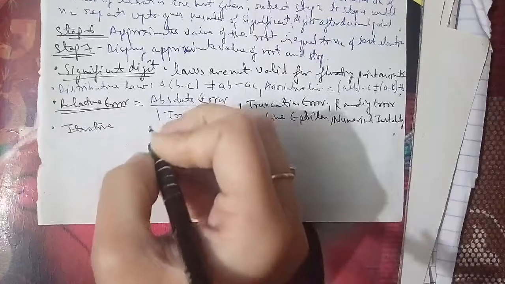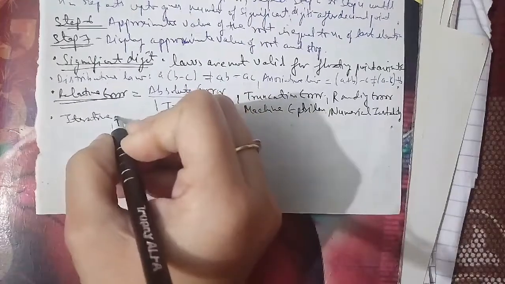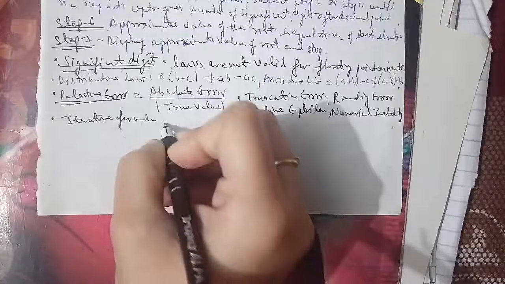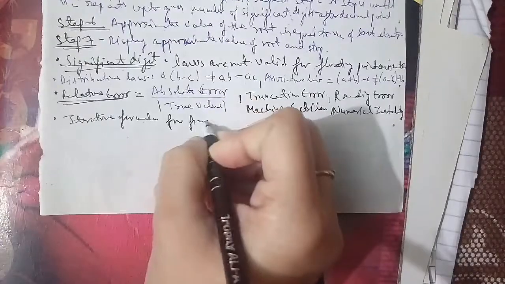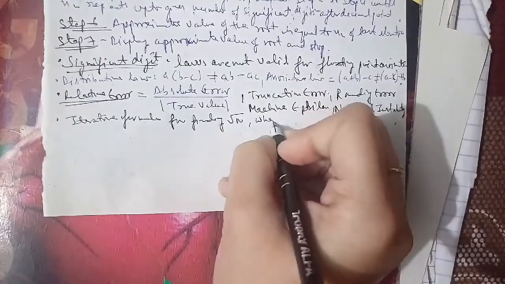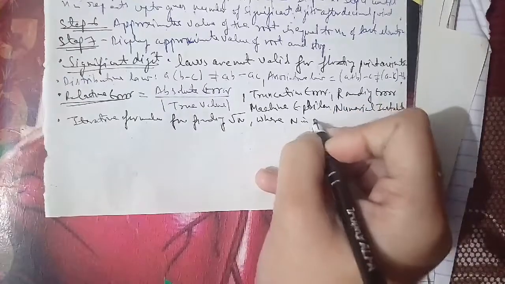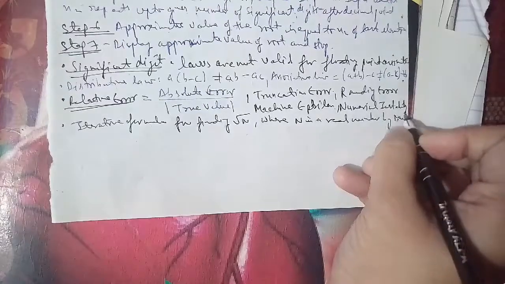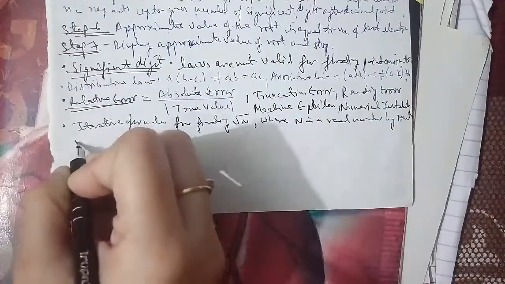Iterative formula for finding root N, where N is a real number, by Newton method.